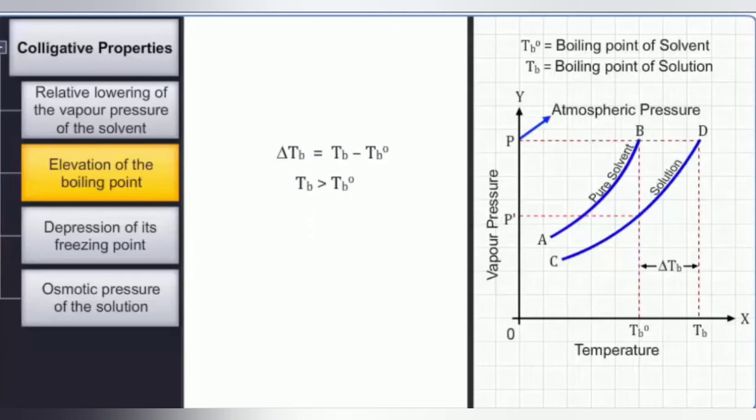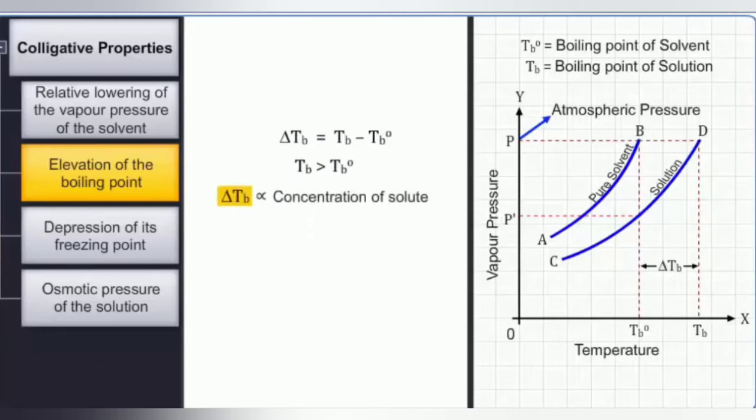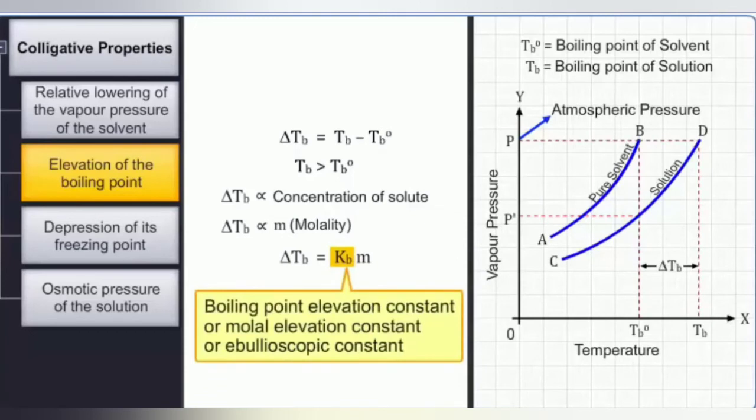The elevation of the boiling point depends upon the concentration of solute in the solution and is directly proportional to molality m of the solute in the solution, or delta Tb is equal to Kb multiplied by m, where Kb is known as the boiling point elevation constant or molal elevation constant or the ebullioscopic constant.